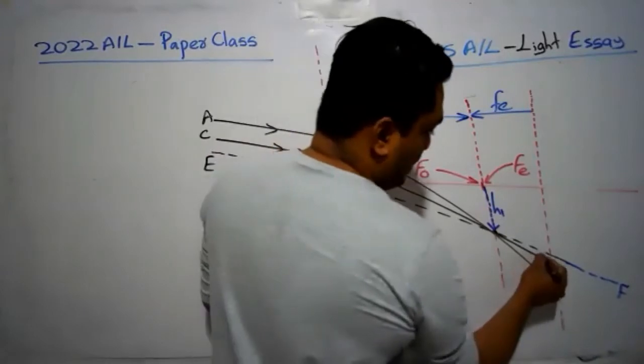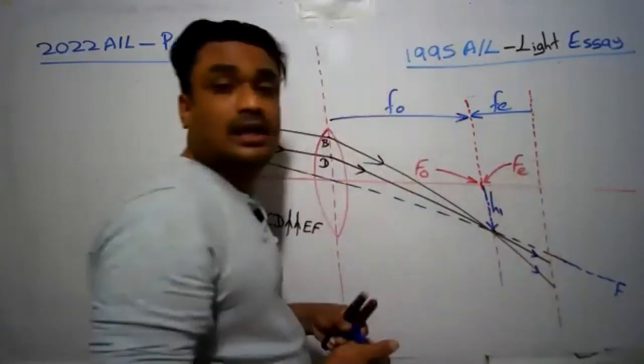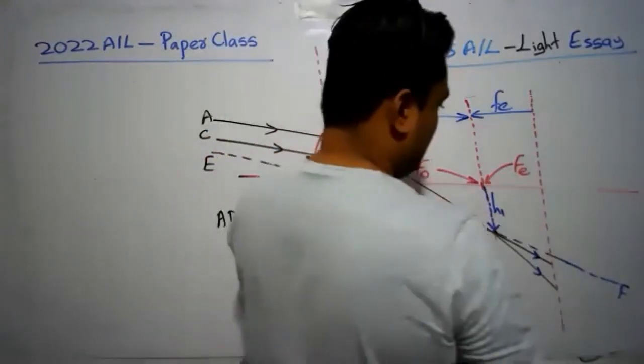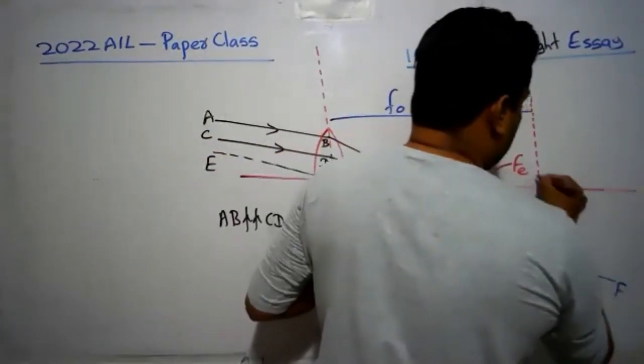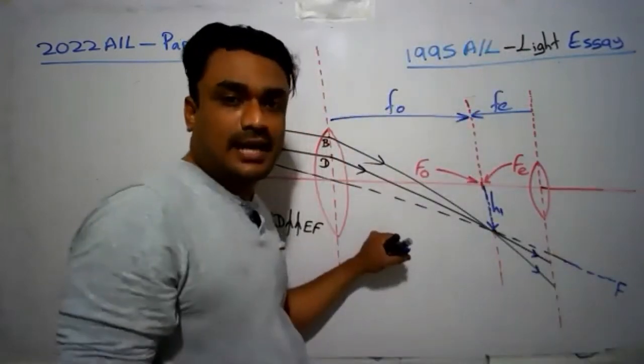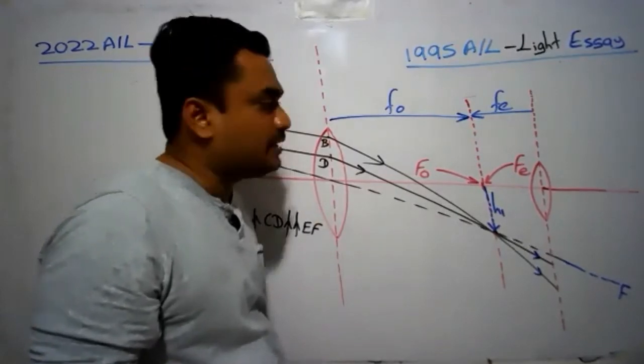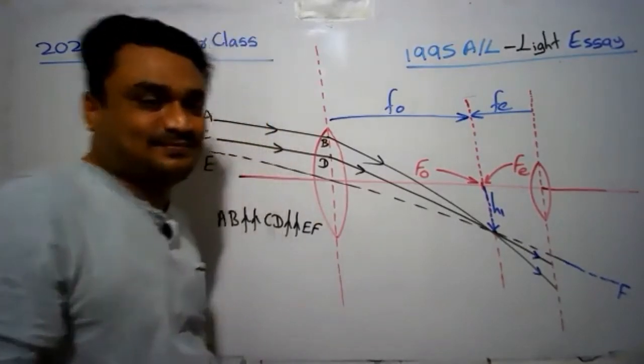Then I don't know the path followed by these two light rays after they travel through the eyepiece lens. Please draw the figure up to this. After that, I'll explain how to complete the ray diagram. Complete this part. After that, I'll tell you how to complete the rest of the ray diagram. Start.